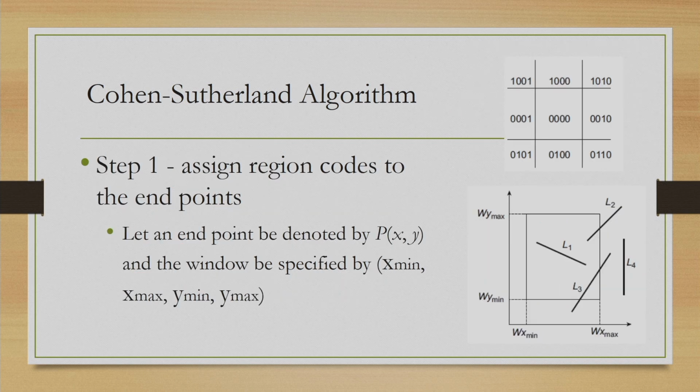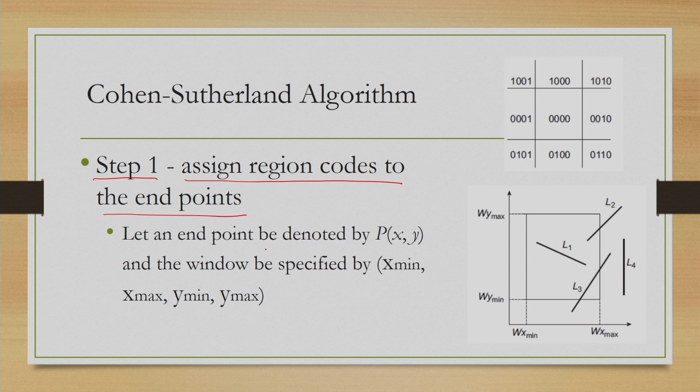Now, that is the assumption and assignment of code. Then the algorithm starts working once those things are done. So, in step 1 of the algorithm, we assign region codes to the end points of the line segment. Given a line segment, we first have to assign its end points the corresponding region codes. How can we do that?